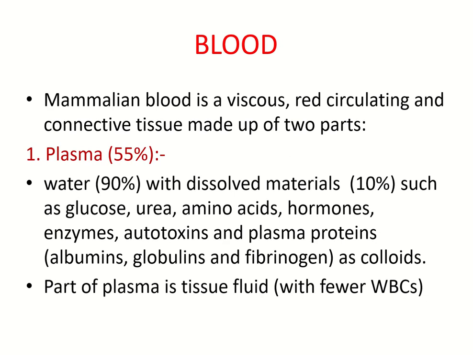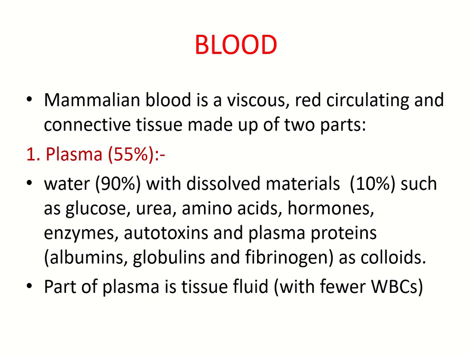Now we are discussing the major components of the circulatory system. Number one is blood. Blood is a red circulating connective tissue. It is a viscous fluid. It is the flowing part of the circulatory system.